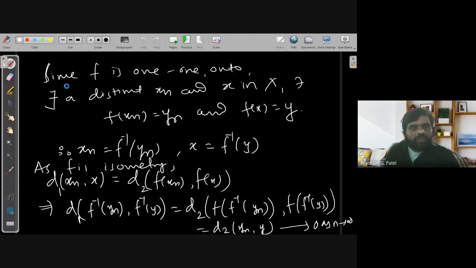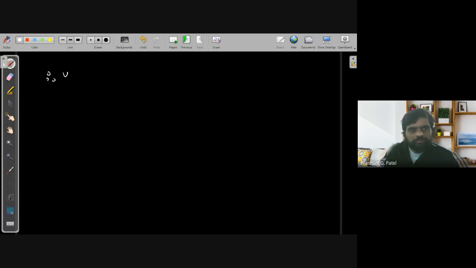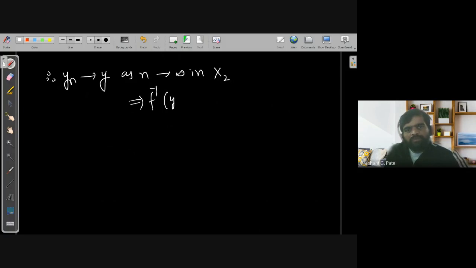So if yn converges to y in space X2, then f inverse of yn converges to f inverse of y as n tends to infinity in X1. Therefore f inverse is continuous.